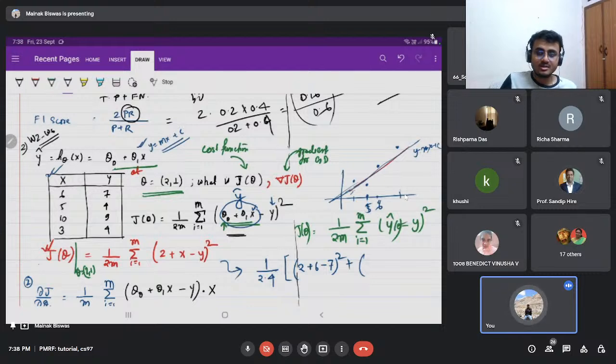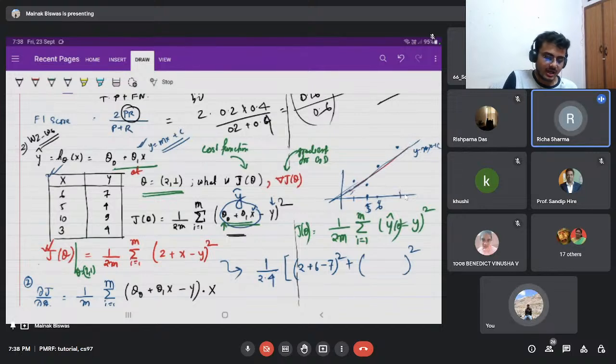So in the next example, yeah, you have a question? Sir, what is the value of theta 0? I just missed it. I have said theta 0 is 2, theta 1 is 1. At a particular instant, I'm telling you this is the particular theta you're optimizing.